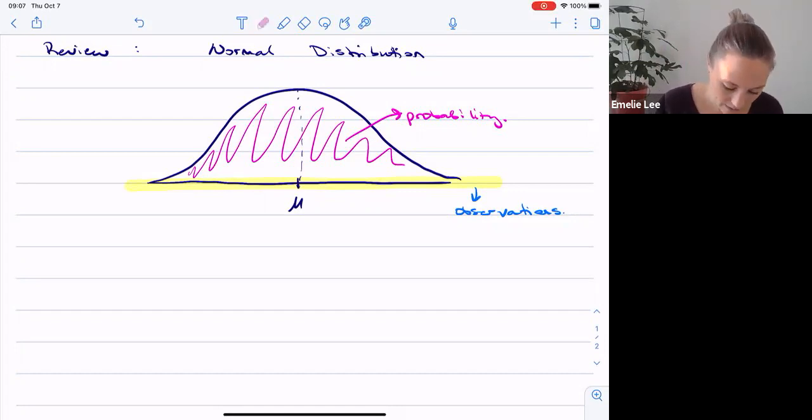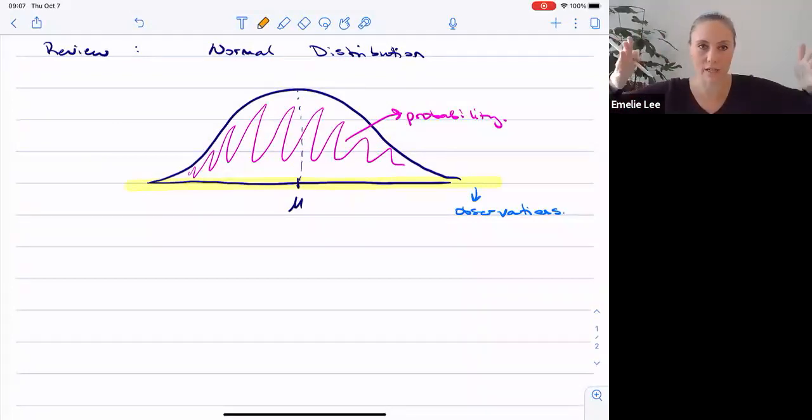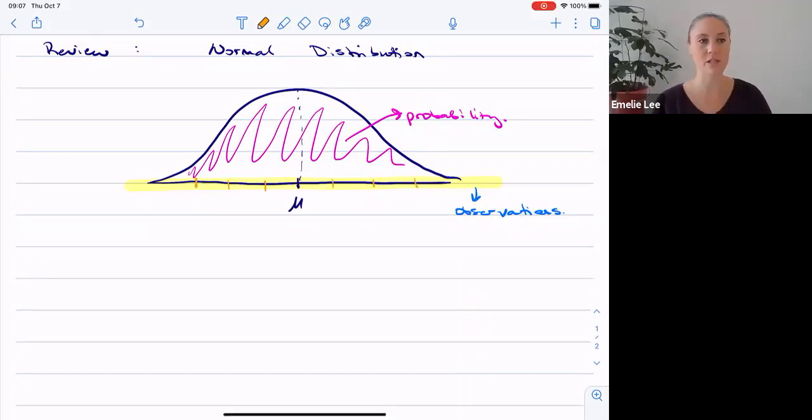Okay. What else did we say? We said, well, as a rule, for any normal distribution, I can fit 3 standard deviations underneath the curve before I have just a small area left, right? So if I go here, 1, 2, 3 standard deviations, same thing above, 1, 2, 3 standard deviations.